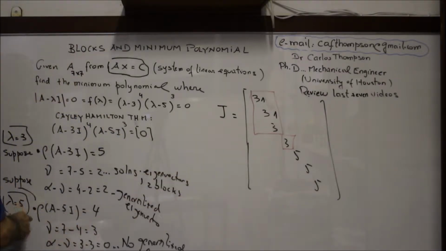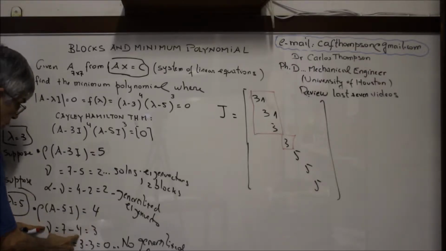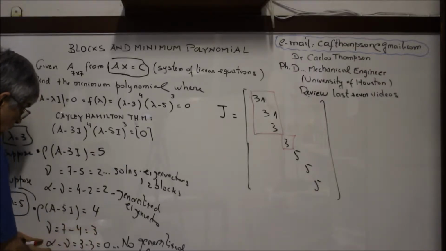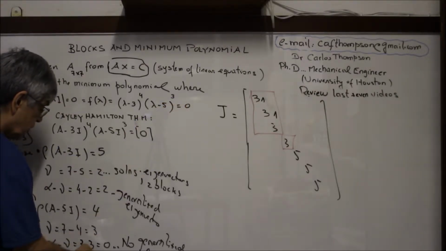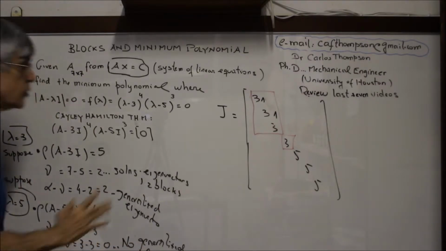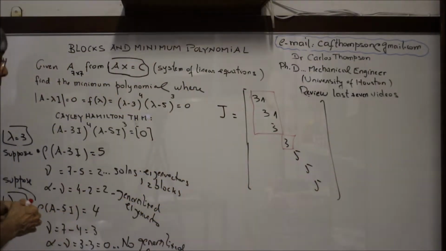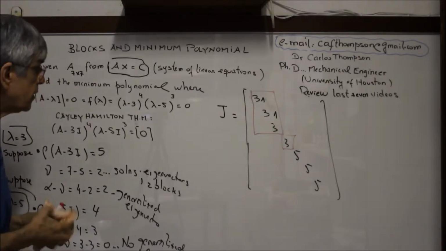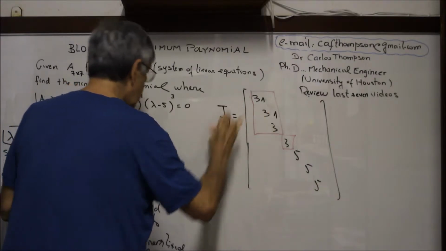Now, for lambda equal to 5, look here. Suppose it's 4. So nu is 7 minus 4 is 3. Alpha, the multiplicity, is 3. 3 minus 3 is equal to 0. No generalized eigenvector, so there is no one here. That's okay. Now let's make J minus 3I.